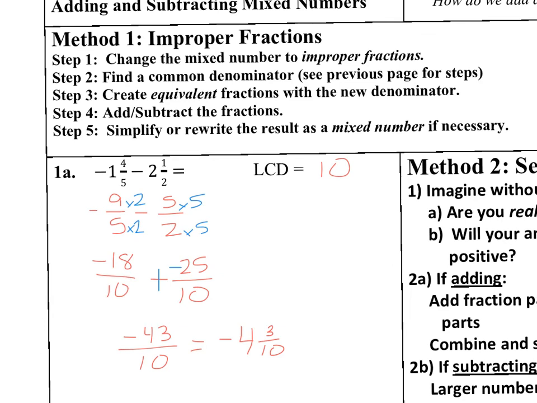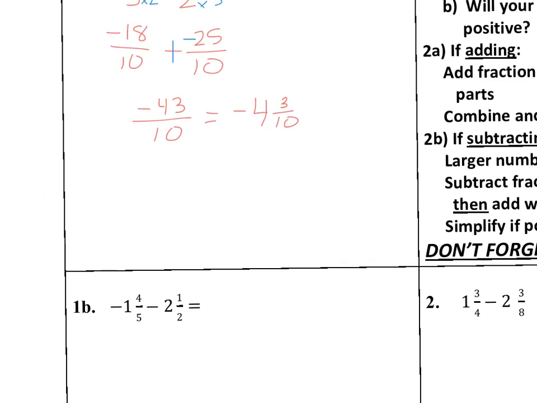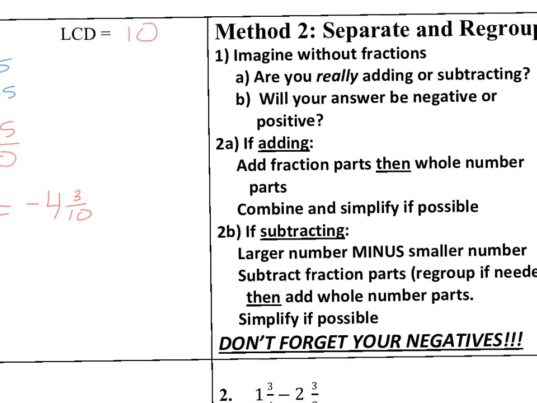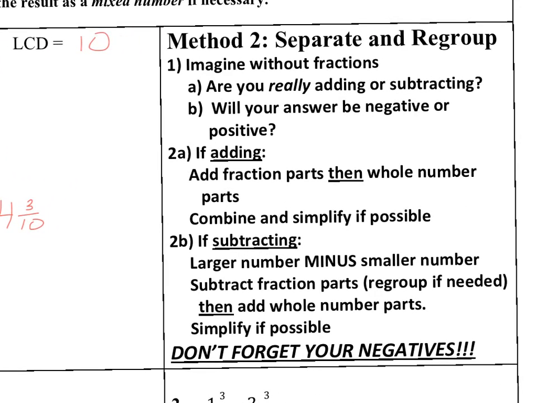All right, so the next method, we're actually going to do the exact same problem. So if you look down on your notes, the exact same problem on 1b. But I'm going to talk about the directions first. So here's our steps. Method 2 is separating and regrouping. So what we first have to do is use our brains to say, okay, if these were just integers, am I going to be adding them together because they're the same sign?